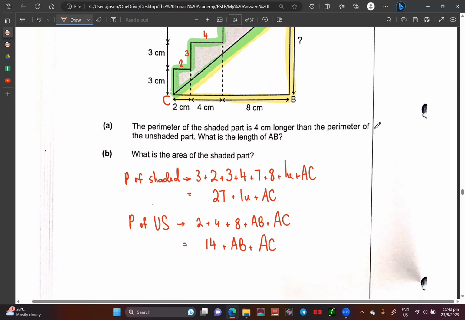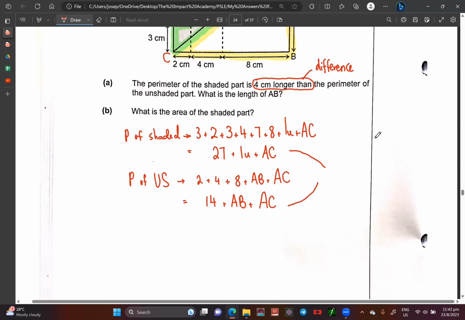Now, in question A, it says that it is 4 cm longer. The meaning of 4 cm longer basically is the difference, isn't it? So what they're trying to tell us is that the difference between this and this is actually 4 cm. If I know that the difference between the perimeter of shaded and the perimeter of unshaded is 4 cm, here's what we are going to do: we are going to balance it.